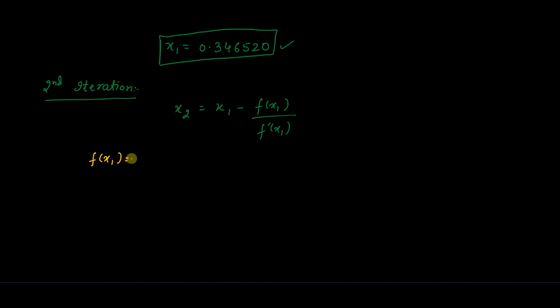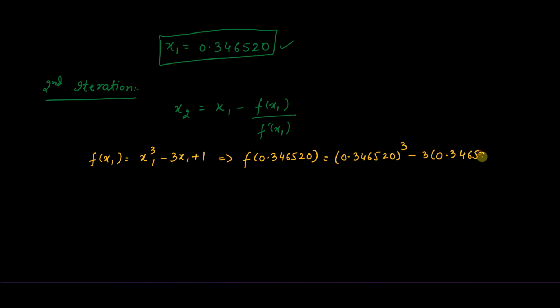So that should be x1 cube minus 3x1 plus 1. We substitute 0.346520, so that equals 0.346520 raised to cube, minus 3 times 0.346520, plus 1.